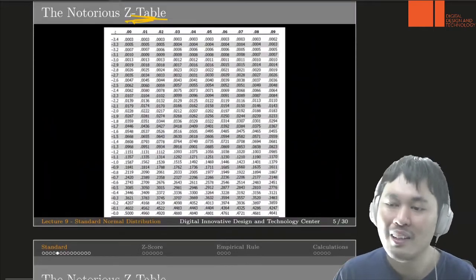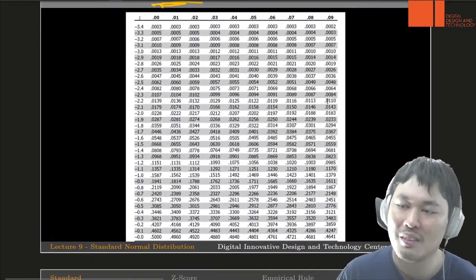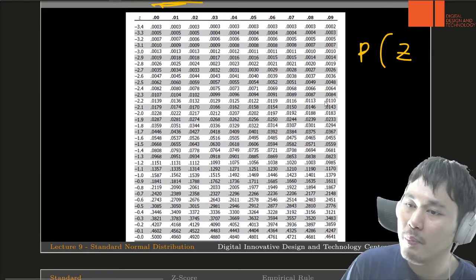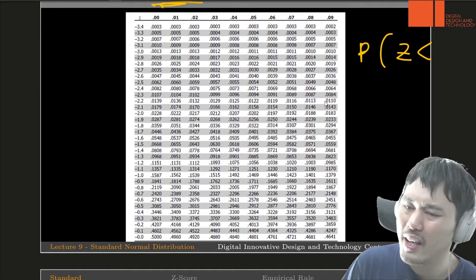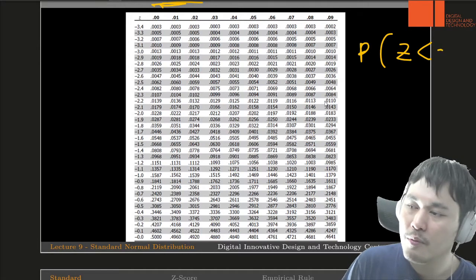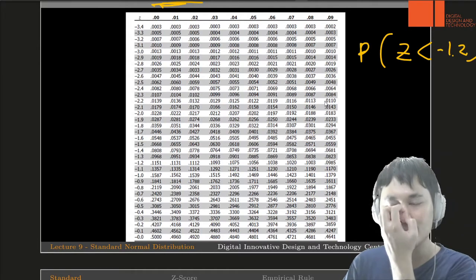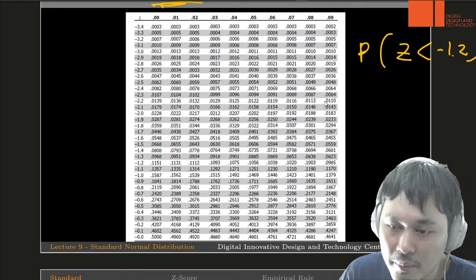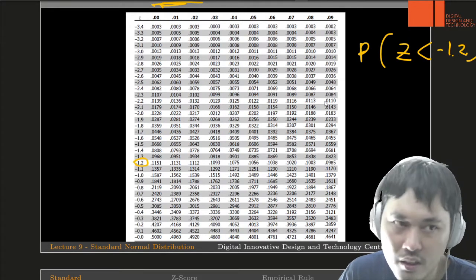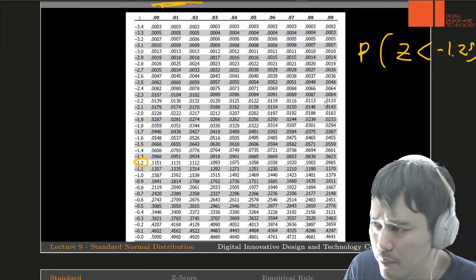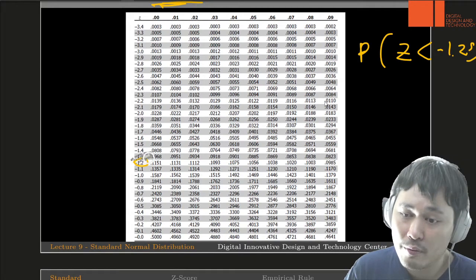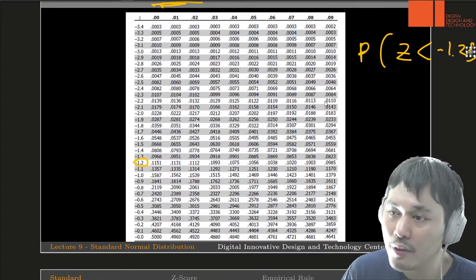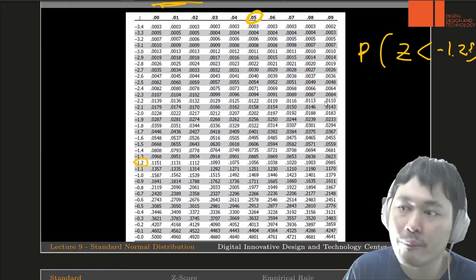Let me give you an example of how to use this table. For example, if I want to find the probability that z is less than, let's say, -1.25. This means I look at this table and find the entry for -1.2 here, and then 0.05 is up there.